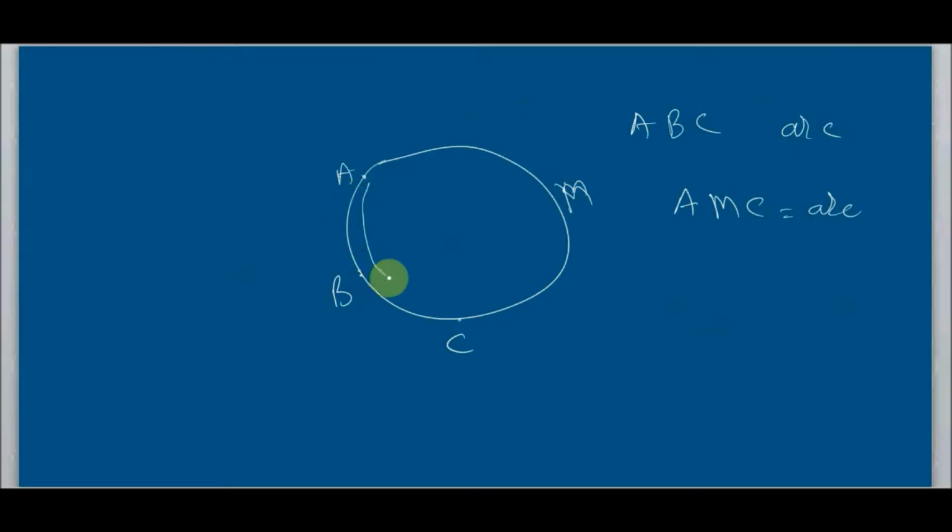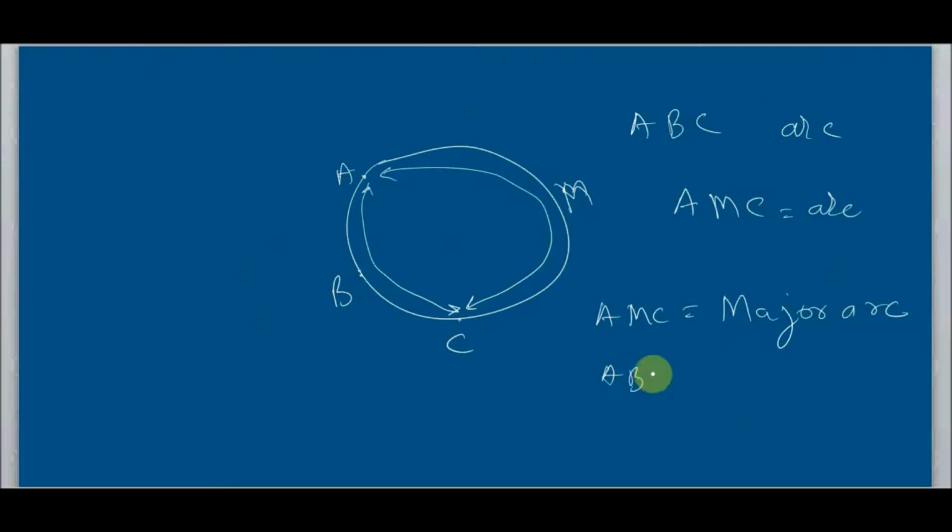ABC runs only up to this, and AMC runs a longer distance like this. So AMC is a major arc, and ABC is a minor arc. And one thing I want to tell you is that you will represent an arc with 3 points, like A, B, C or A, M, C. Is it clear? Okay.